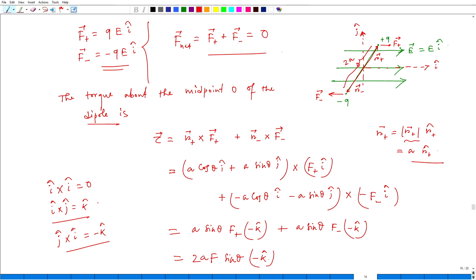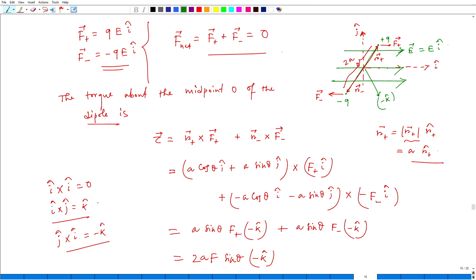Basically, the direction of the torque is perpendicular to the plane, downwards, not upwards. So, in this direction the torque is minus k cap, downwards from the plane.